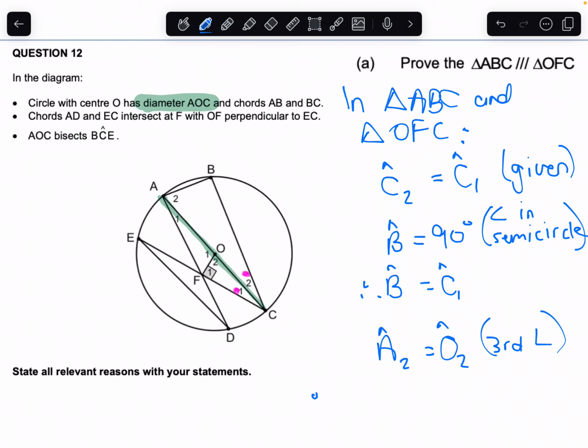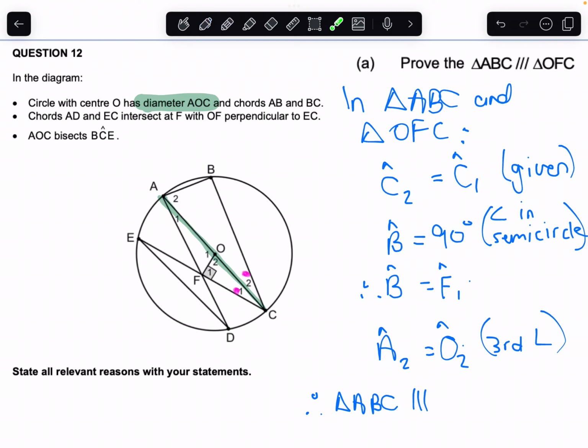And so therefore, triangle ABC, we've covered all three angles, is then similar to triangle OFC. Okay, I've mislabeled something. It's not equal to C1, it's equal to F1, silly me.